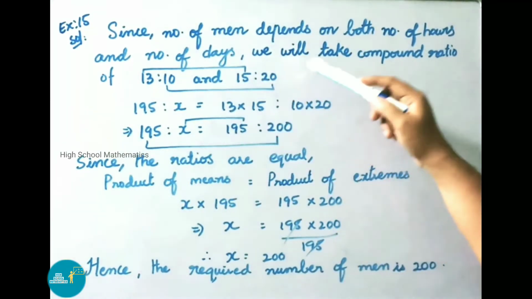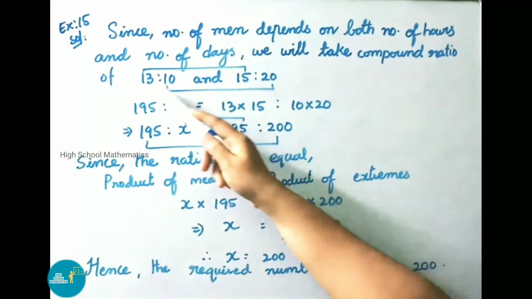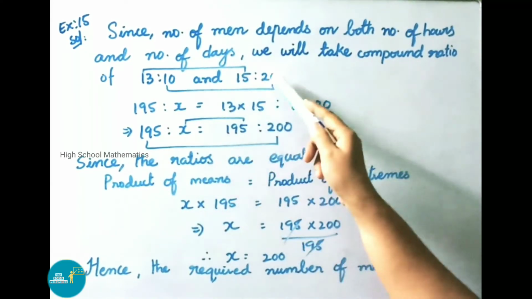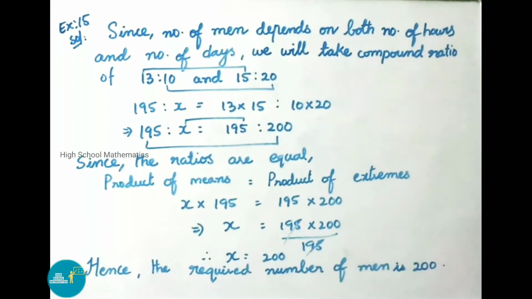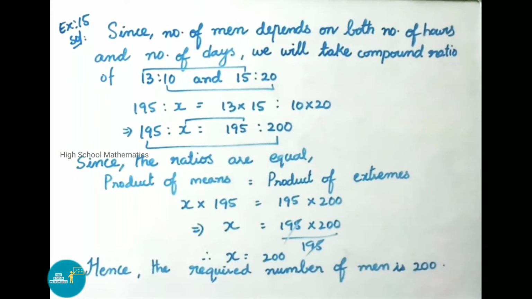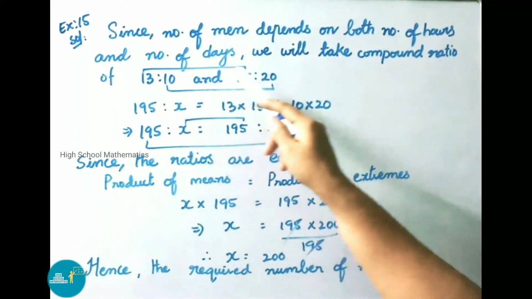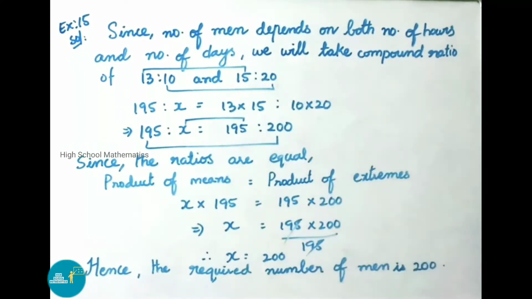Since the number of men depends on both the number of hours and the number of days, we will take the compound ratio of 13 is to 10 and 15 is to 20. We know the compound ratio formula, that is A into C is to B into D. Therefore, 195 is to X, the ratio of the number of men, is equal to the compound ratio, that is 13 into 15 is to 10 into 20.